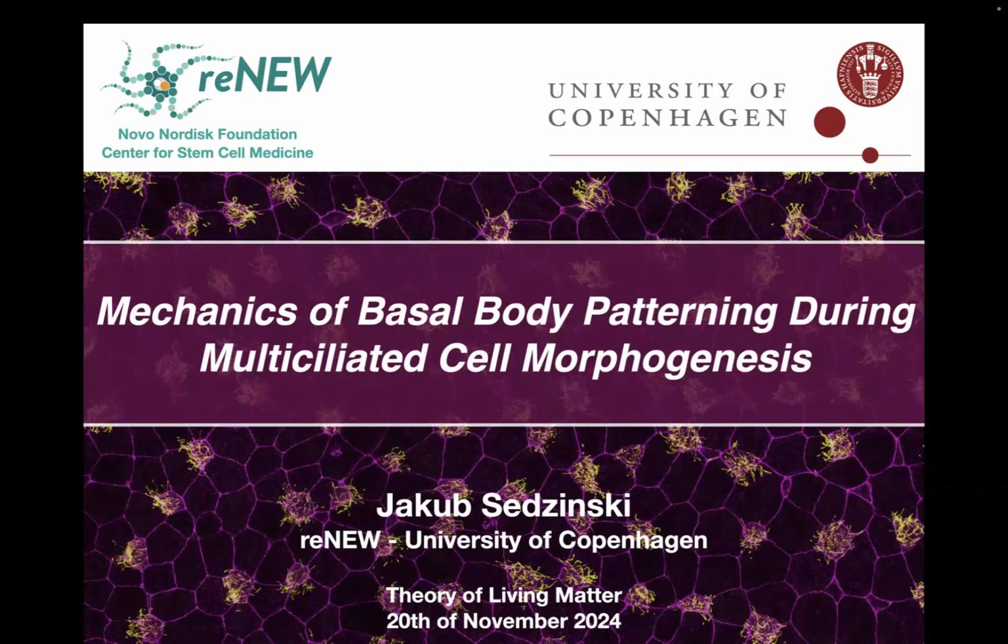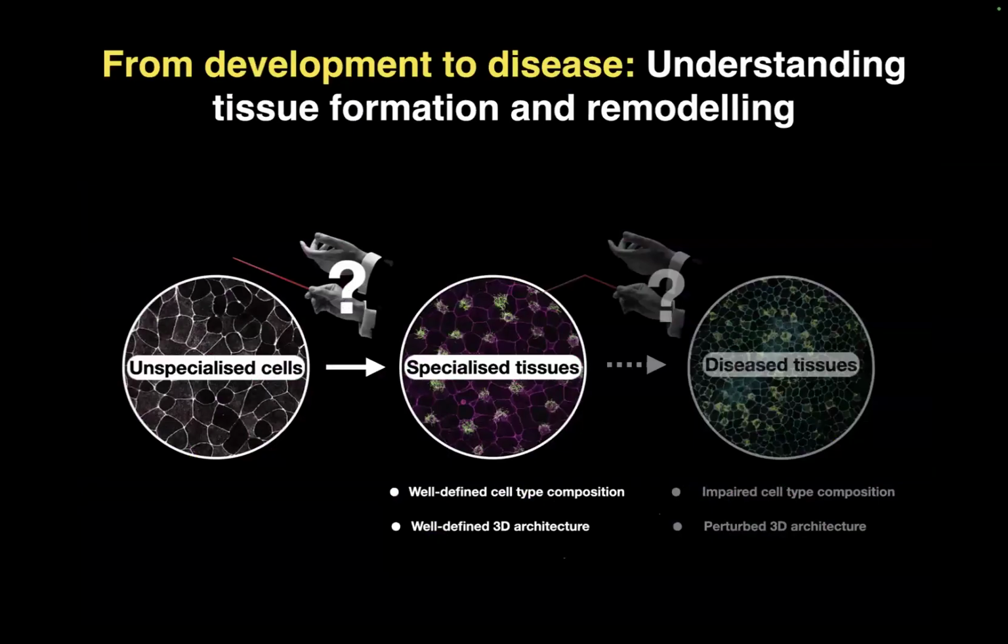But before I start talking about this basal body dynamics, let me put it into perspective what we are doing in the lab. In our lab, we are very much interested in understanding how to build specialized tissues, so tissues having well-defined cell type composition and complex 3D architecture. We want to understand how to build such a specialized tissue starting from unspecialized cells, something like stem cells.